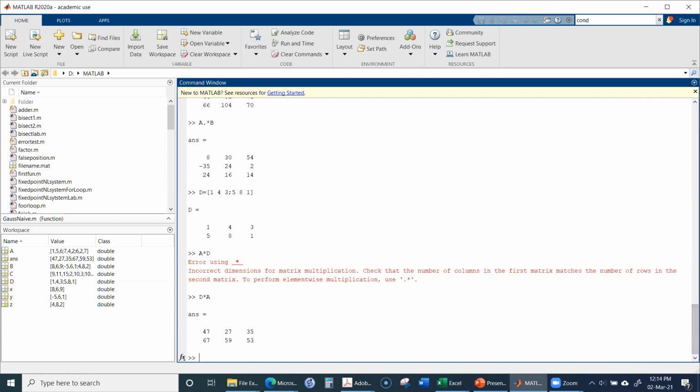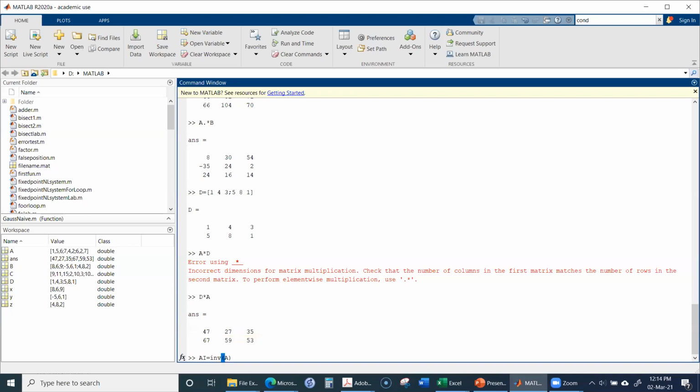A number of operations, of course, we can do. If we want to find the inverse of a matrix, let's represent the inverse of this A matrix as AI. For this, we can use the inv function in MATLAB.